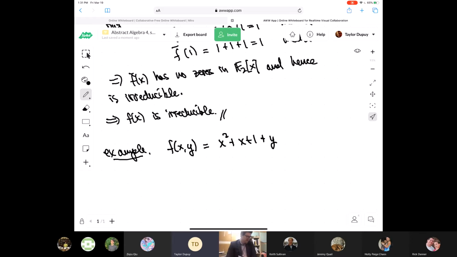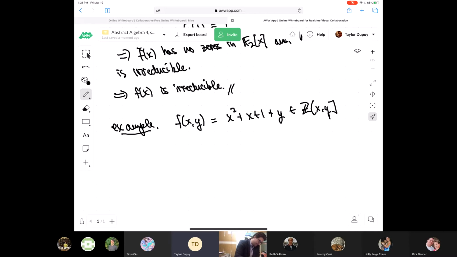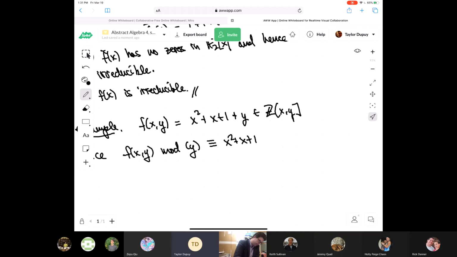I'm kind of cheating, right? If we do this in Z of x, y, then f of x, y mod the ideal (y), which is a prime ideal, is equal to x squared plus x plus 1, in Z of x.